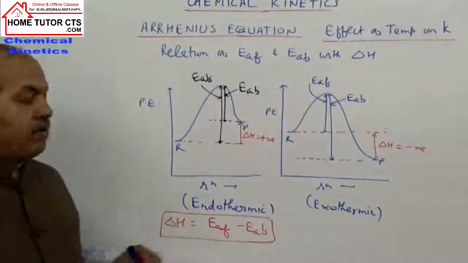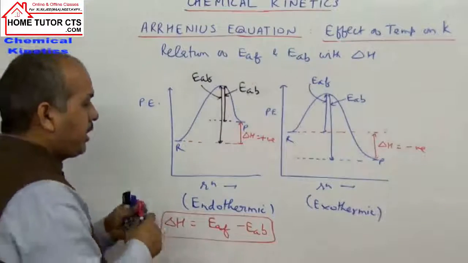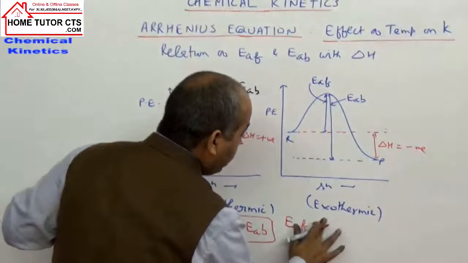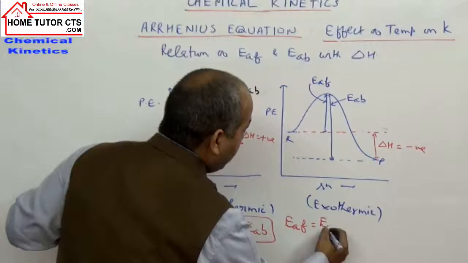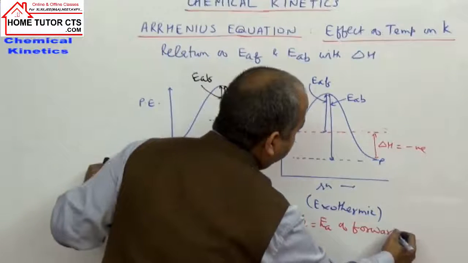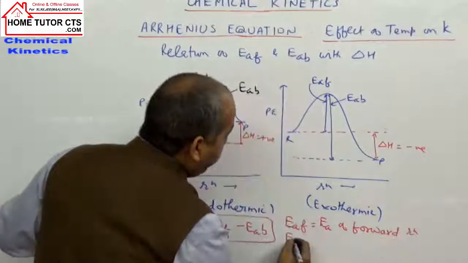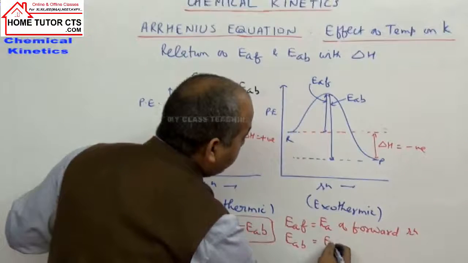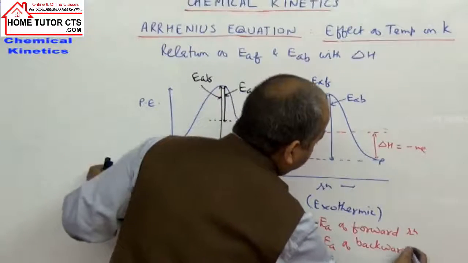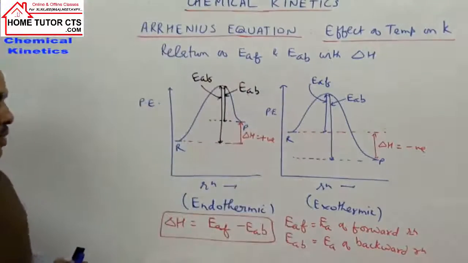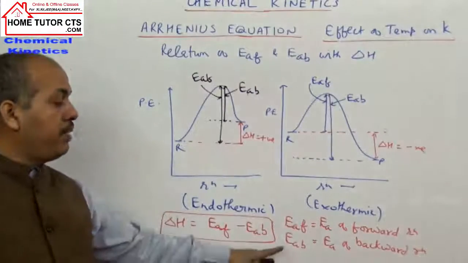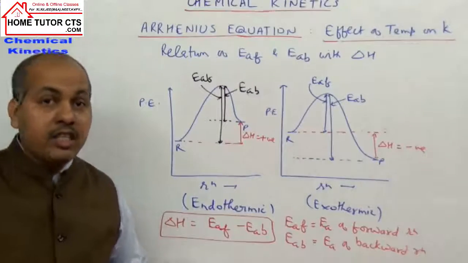We can use it for any reaction. Here EAF is the activation energy for the forward reaction, while EAB is the activation energy for the backward reaction, B for backward.